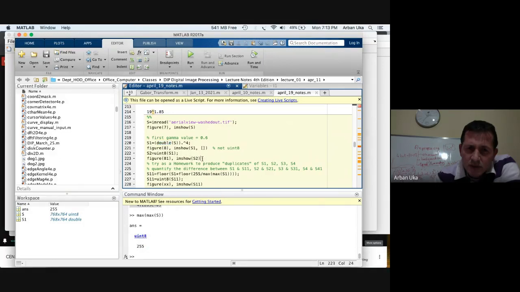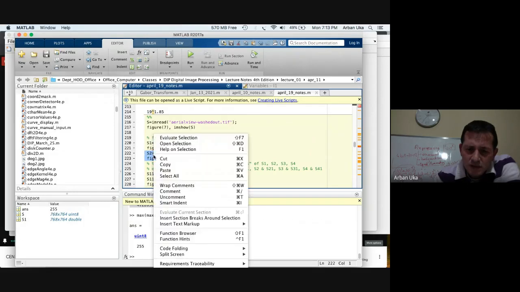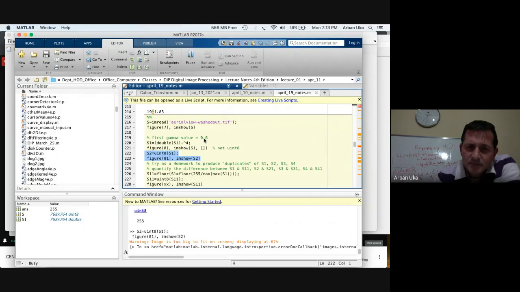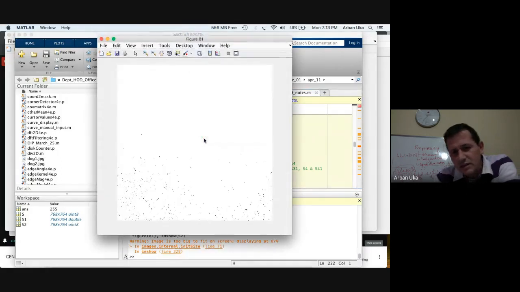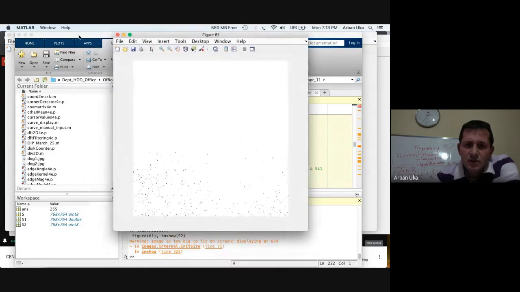And by the way, let's see what happens if we squeeze S1 down to an 8-bit image. Let's evaluate this selection. We don't expect anything good. We see very little information. Well, not information, it's all washed out because it's all white.